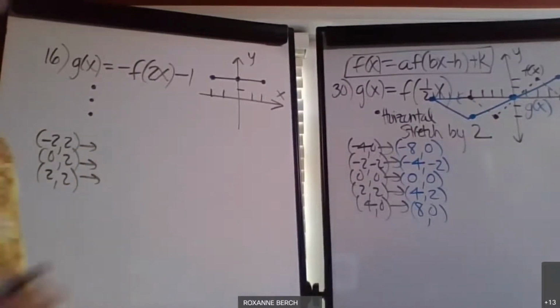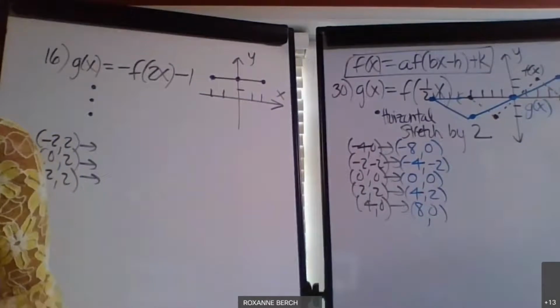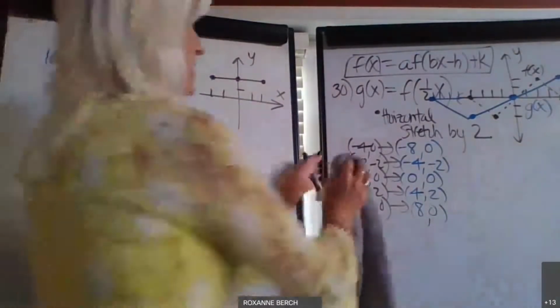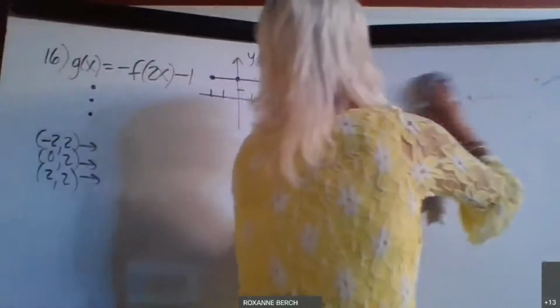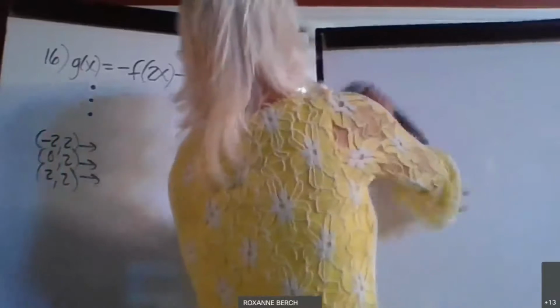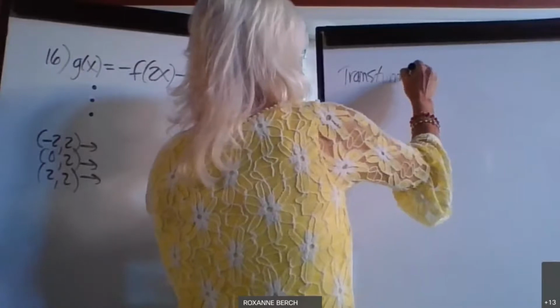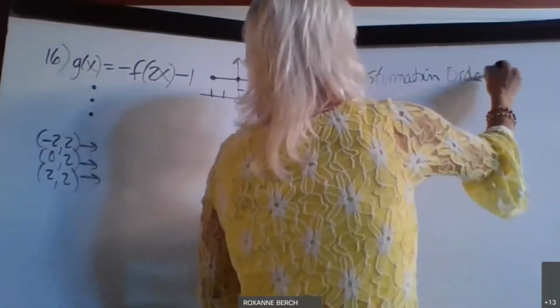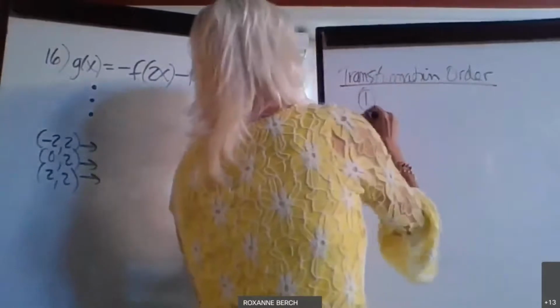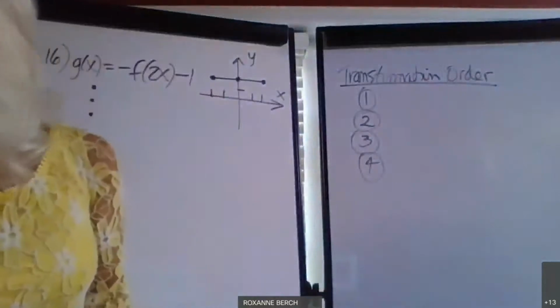Now, remember that I gave you an order. This order is listed on page 239 in the yellow box. So this is the order that I gave you. And I told you when I taught it, make sure you follow the order or you're going to get the wrong graph. So what is the transformation order?